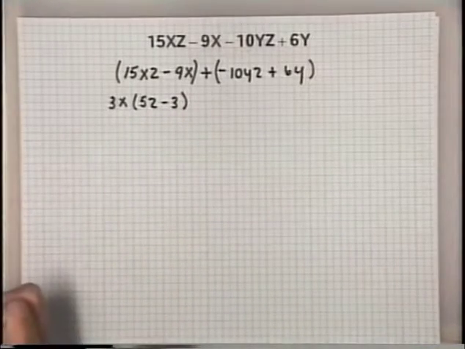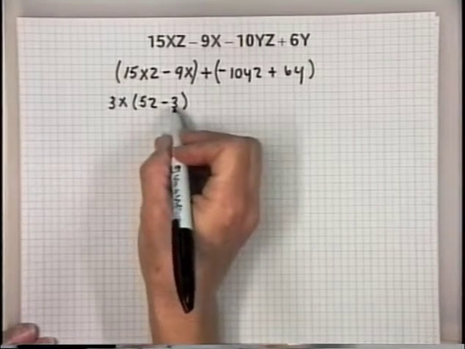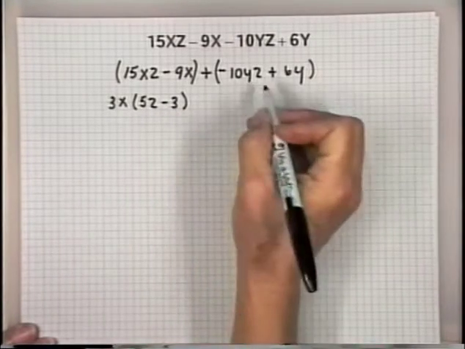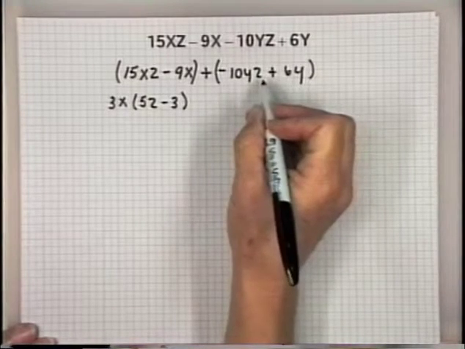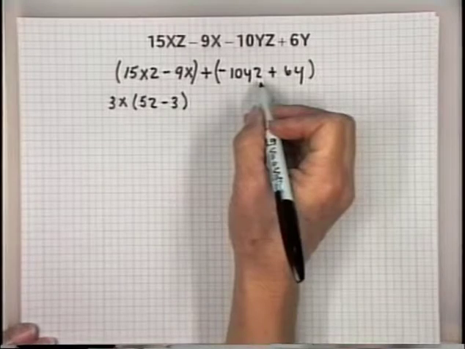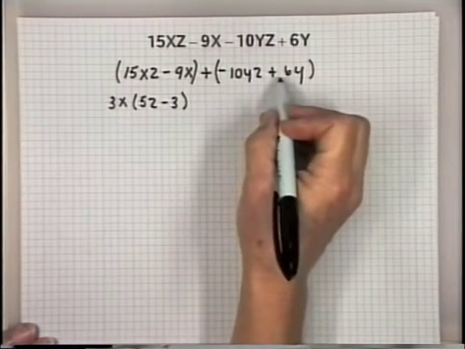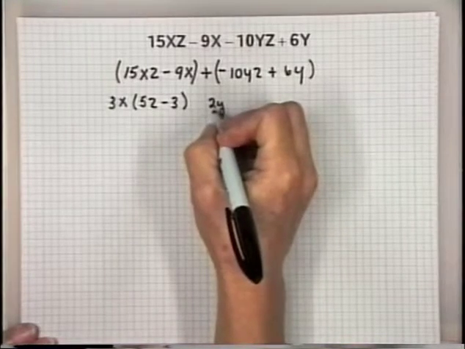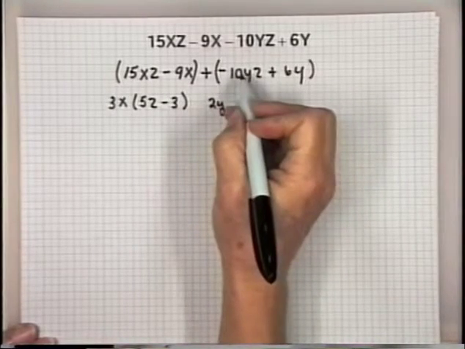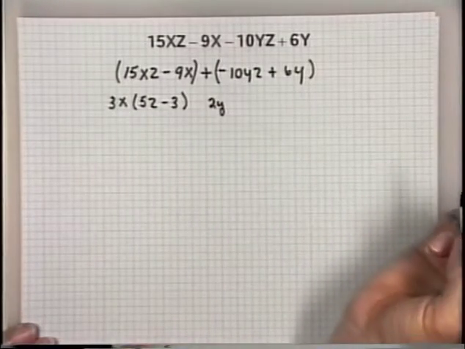Now sometimes I kind of plan ahead. Noticing that I had 5z minus 3 will help me when I look at these factors to decide if I want to factor out a positive number or a negative number. Now looking at these, I know that I can factor out 2y. If I do this as a positive 2y, this term will be negative 5z, which will not be the same sign as this one.